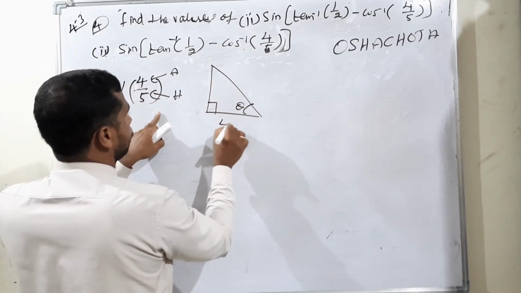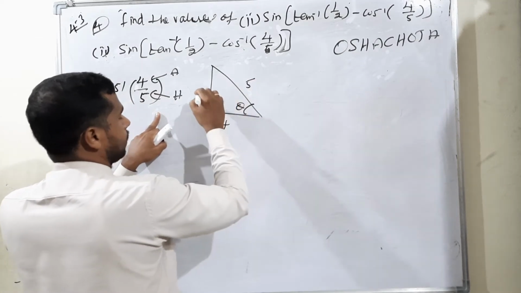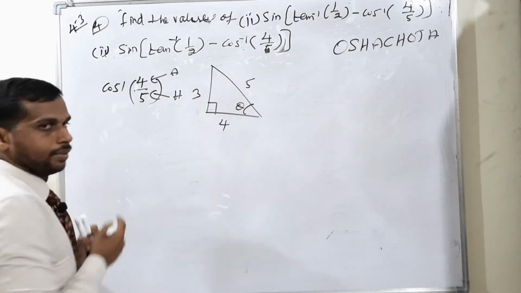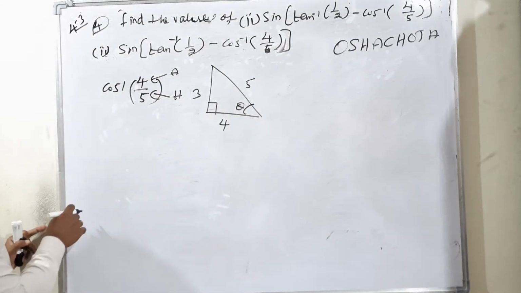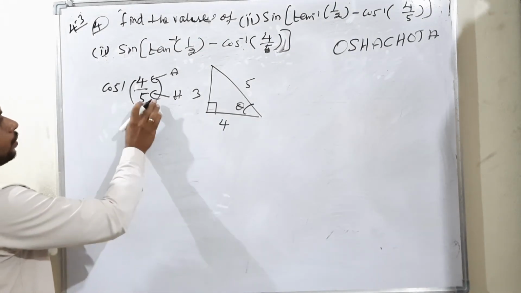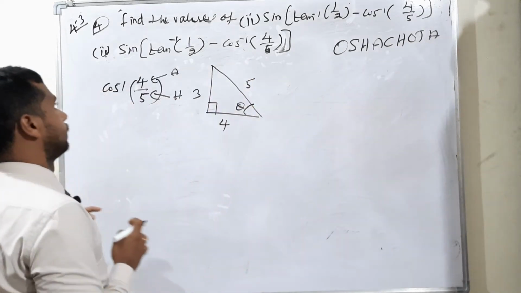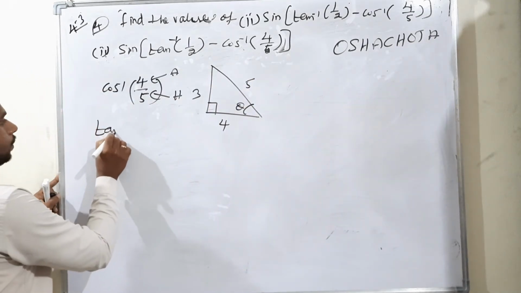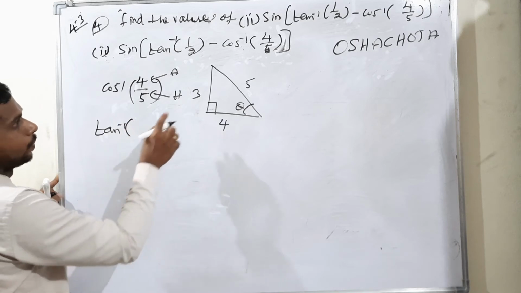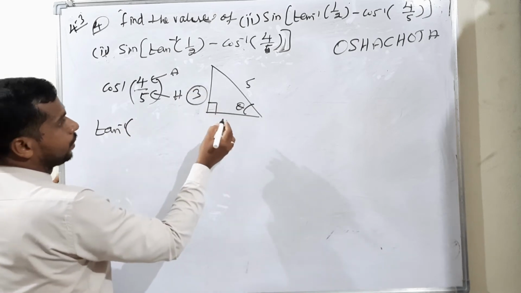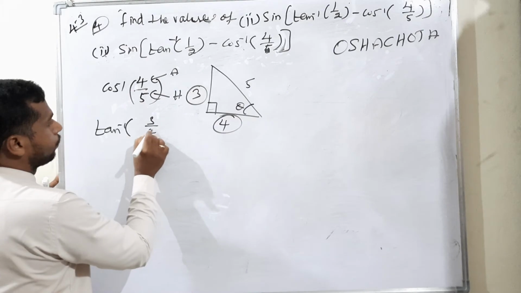So adjacent 4, hypotenuse 5 means definitely we can say the opposite is 3. Opposite is 3, so how do we find the tan inverse? Opposite divided by adjacent. So 3 by 4, isn't it?